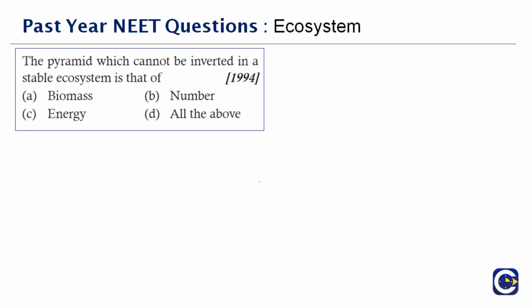The pyramid which cannot be inverted in a stable ecosystem is that of dash. Let's talk about the pyramid first. First of all, can it be inverted? That's my question now. We have the pyramid of energy, pyramid of number, and pyramid of biomass.